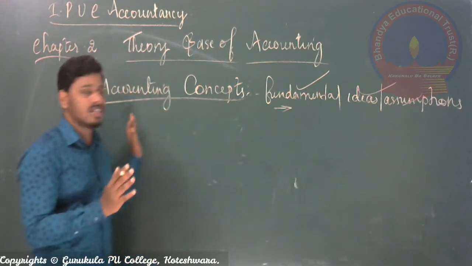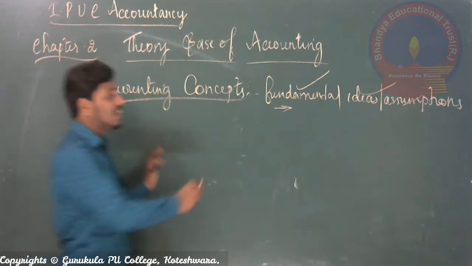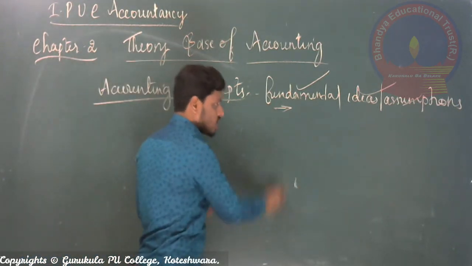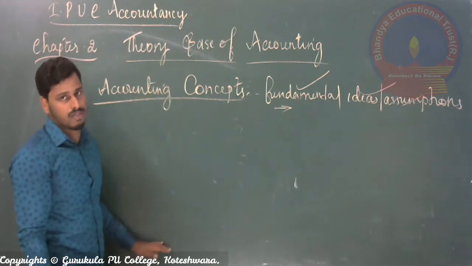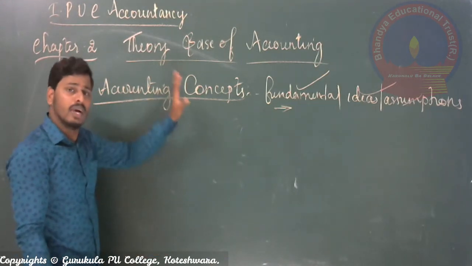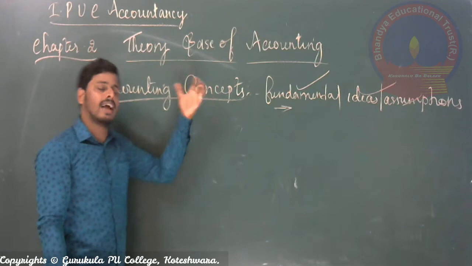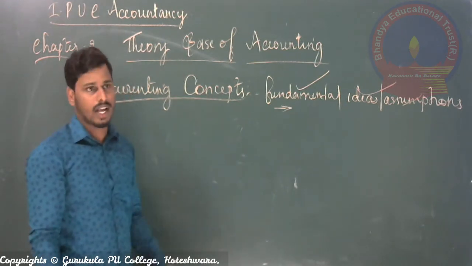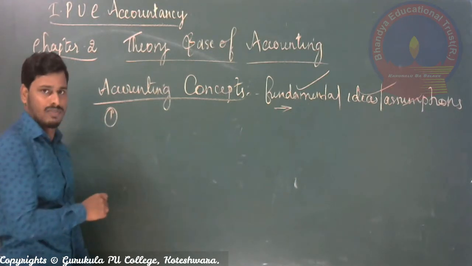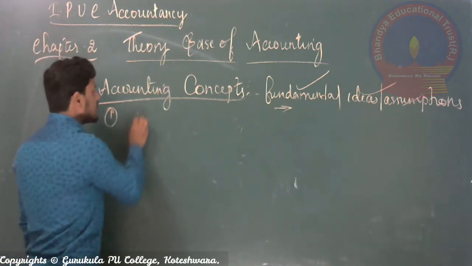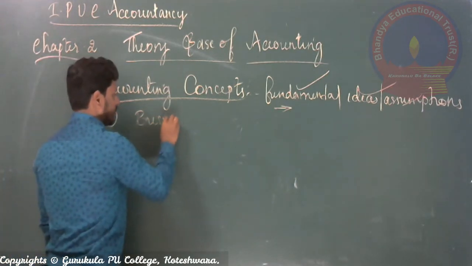So that theory is very important, especially since all the problems, illustrations and practice of accounting are based on these accounting concepts only. So we'll see one by one which concepts are helpful for the practice of accounting, out of which the first accounting concept is the business entity concept.